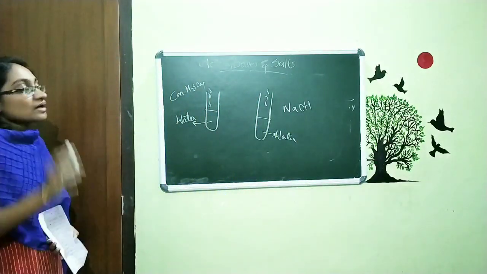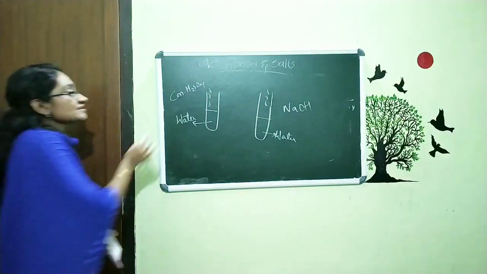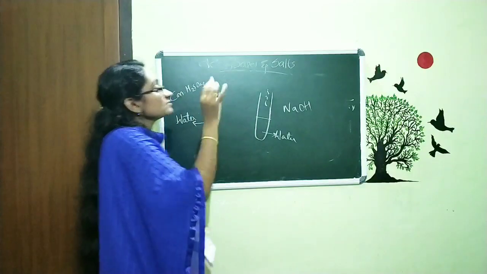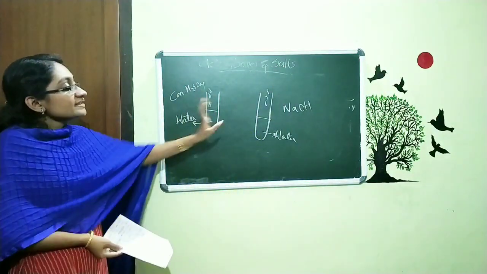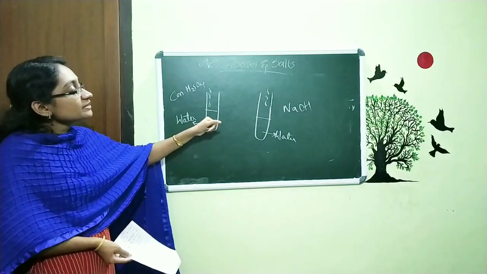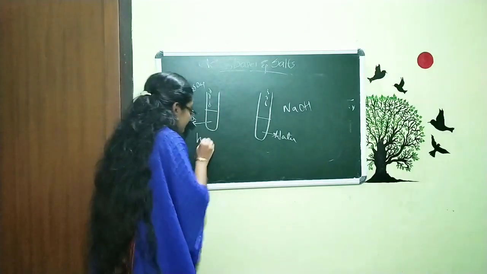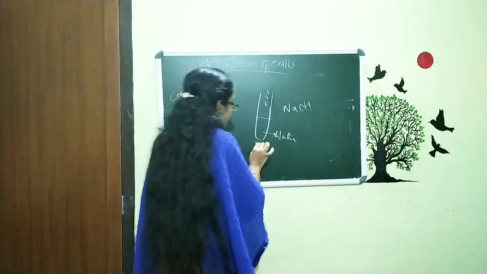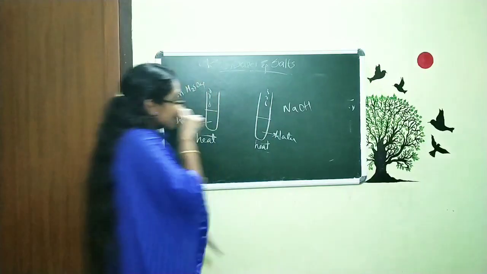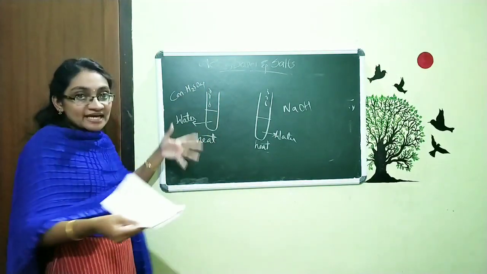So we are taking two test tubes with water, adding concentrated sulfuric acid in one and sodium hydroxide in the other. During the experiment, when we touch the bottom of the test tube, you feel heat energy. Here also you feel heat energy. And I already said that when we add too much acid, it will splash.